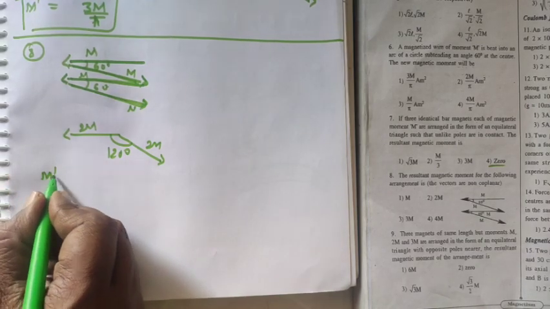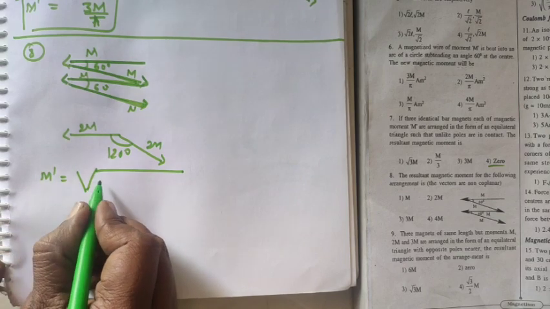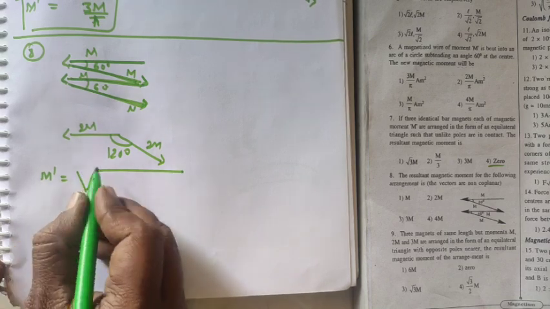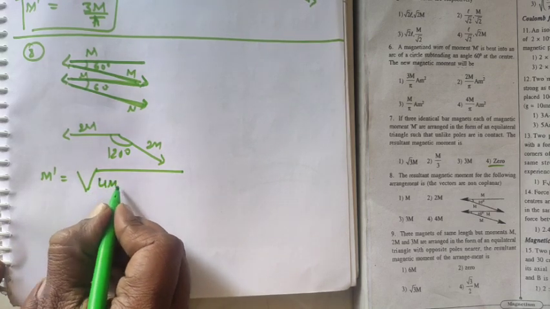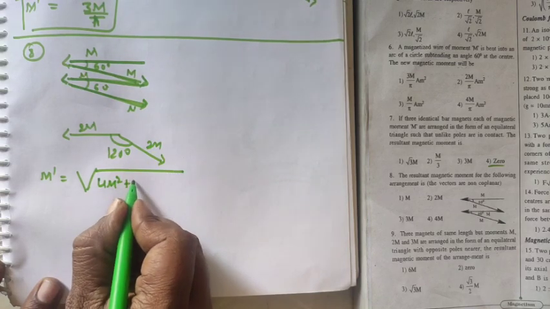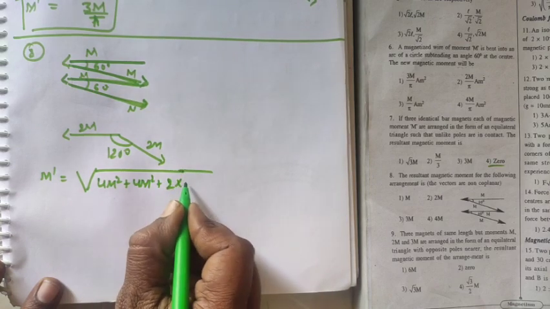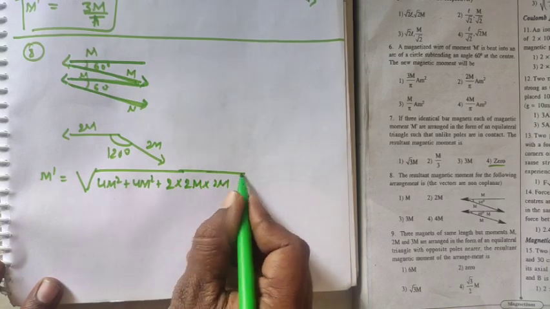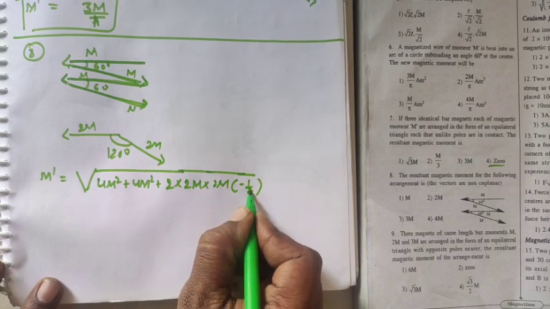Then resultant magnetic moment will be, from parallelogram law of vector addition, square root of p square plus q square plus 2pq cos theta. So p square means 2M square, 4M square, plus q also 2M, so this is also 4M square, plus 2 times p into q, 2 into 2M into 2M, angle is 120 degree. So cos of 120 means minus 1 by 2.